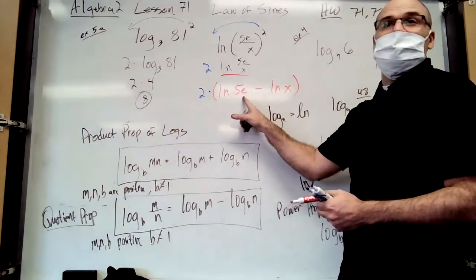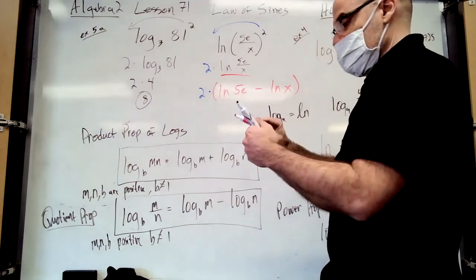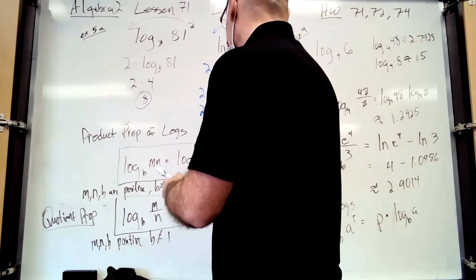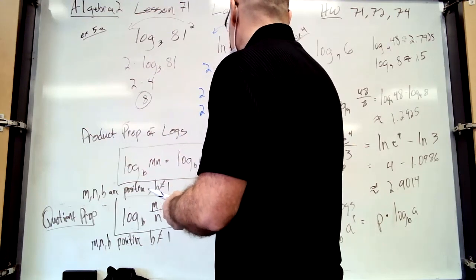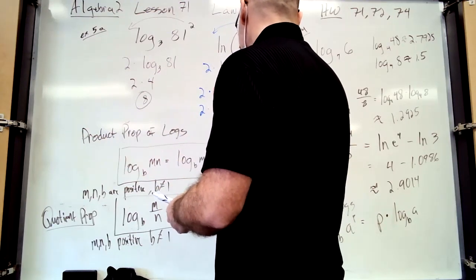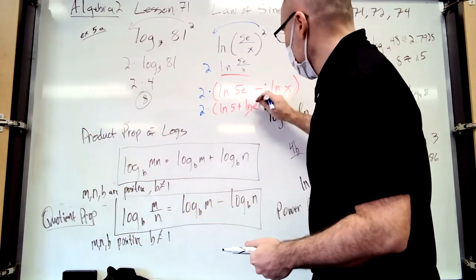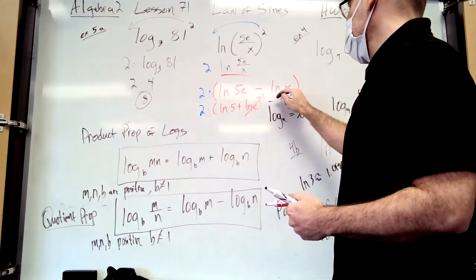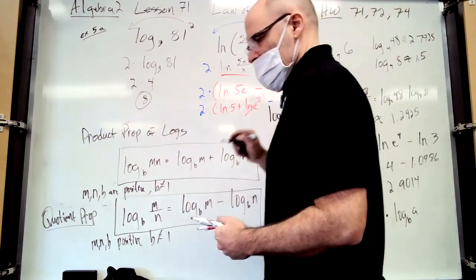Okay, but look at this. That's a product. So then this is 2 times natural log of 5 plus natural log of e, which natural log of e is just 1, minus natural log of x.